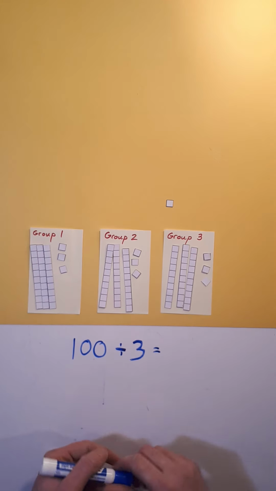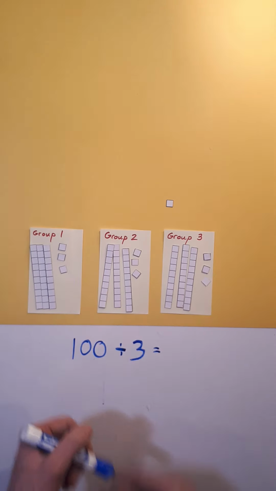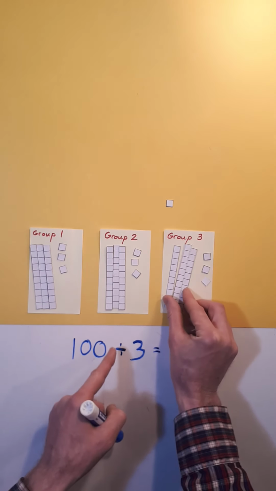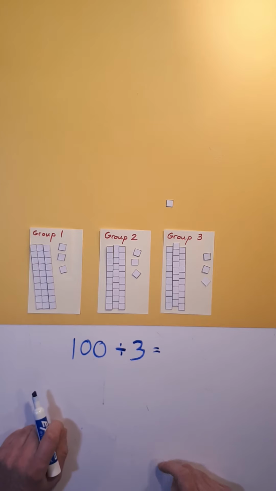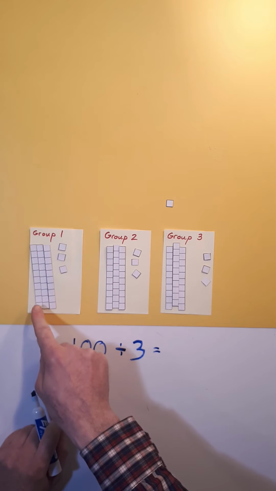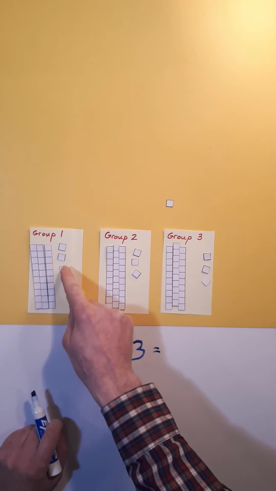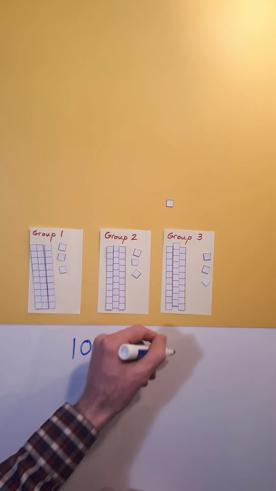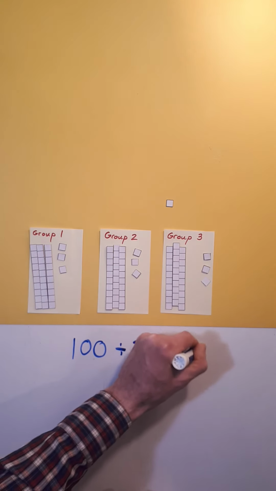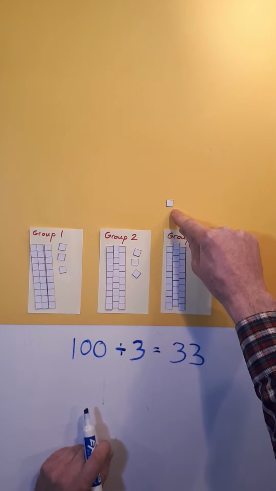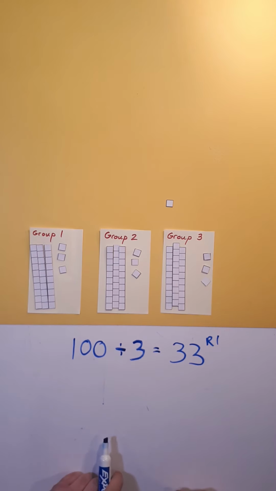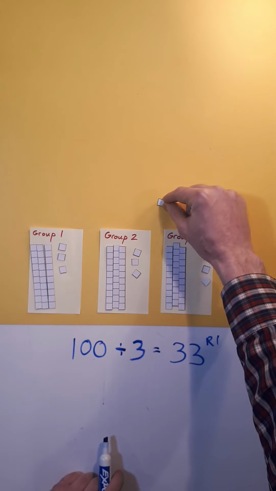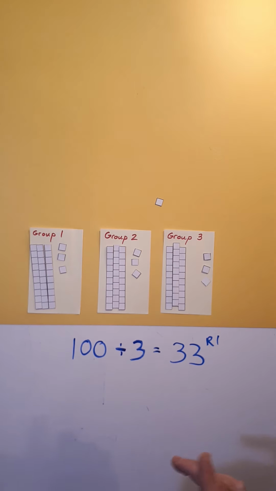So if you're someone who's into long division, what you might say is that 100 divided by 3 is going to equal 10, 20, 30, 1, 2, 3. So we could say that's going to equal 33 and remainder 1.